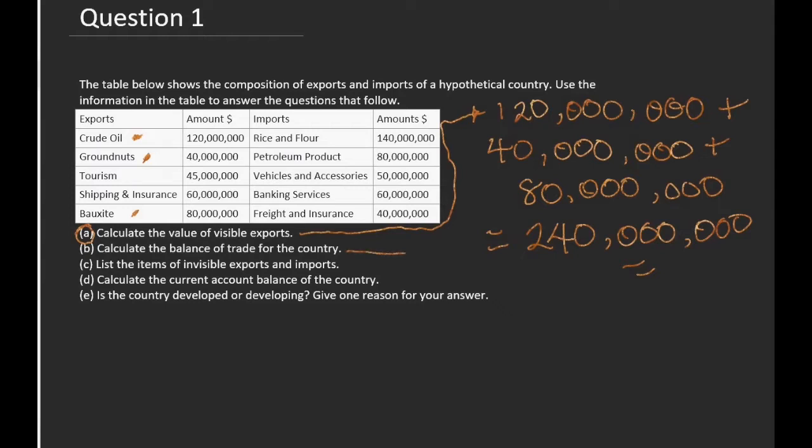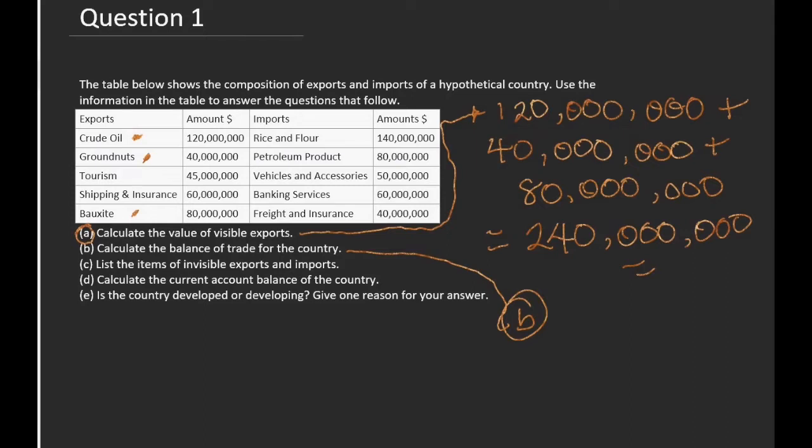Now, let's look at B. B says, calculate the balance of trade for the country. I want you to know that balance of trade is total value of visible exports, let me write it here.